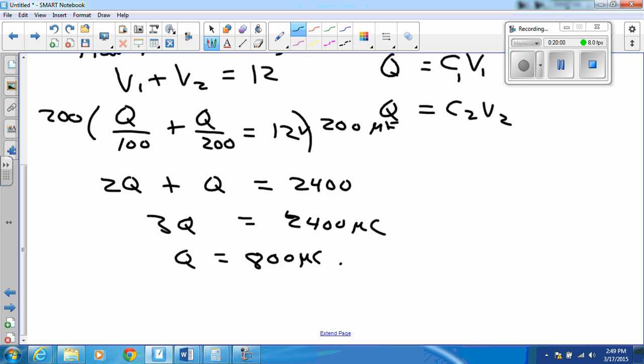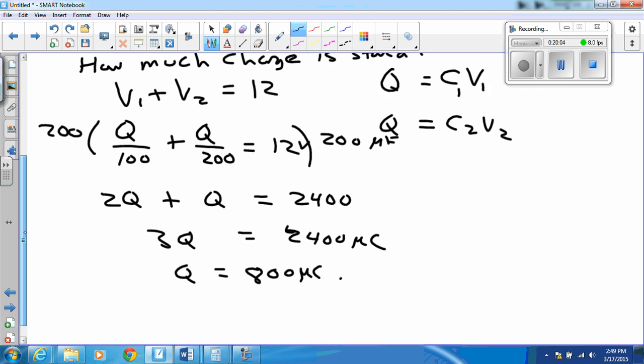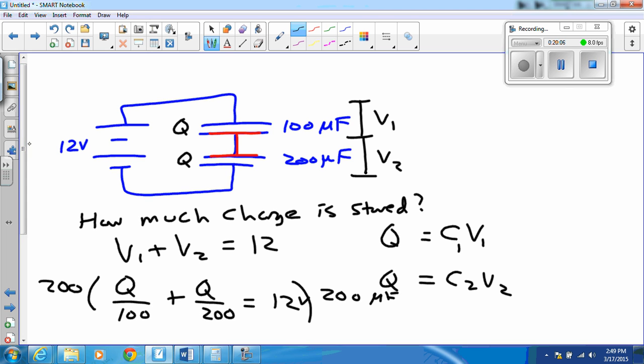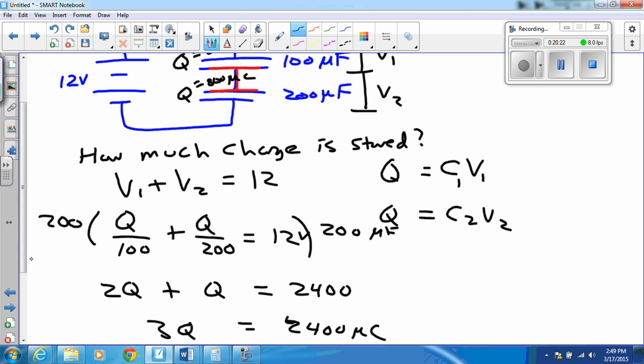Now, this math was a little bit more involved than the previous process, wasn't it? So we're going to probably want to come back and come up with a formula for this. If I go back to my 800 microcoulombs and put it back into the capacitor here, I can now calculate the voltages separately.